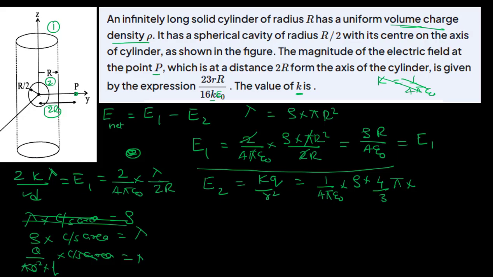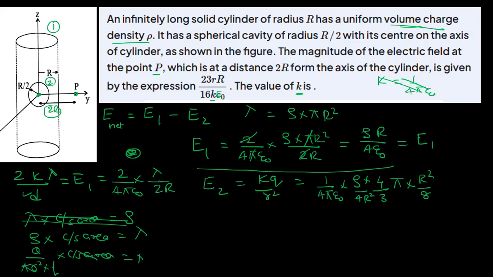Now the radius of the sphere is r by 2, so r cubed upon 8, since 2 cubed is 8. And the distance from the center is 2r, so r squared becomes 4r squared, because 2r squared is 4r squared.